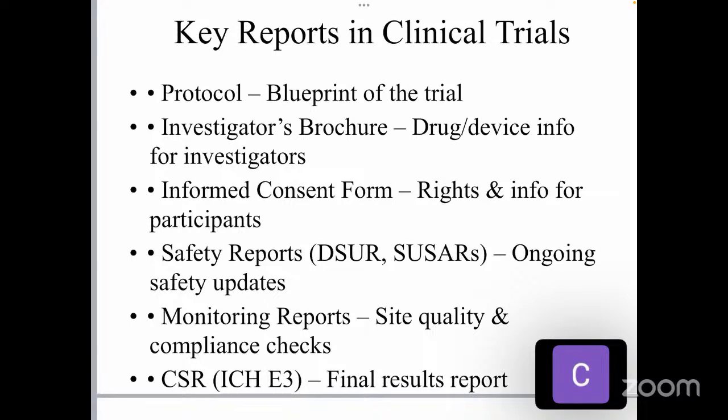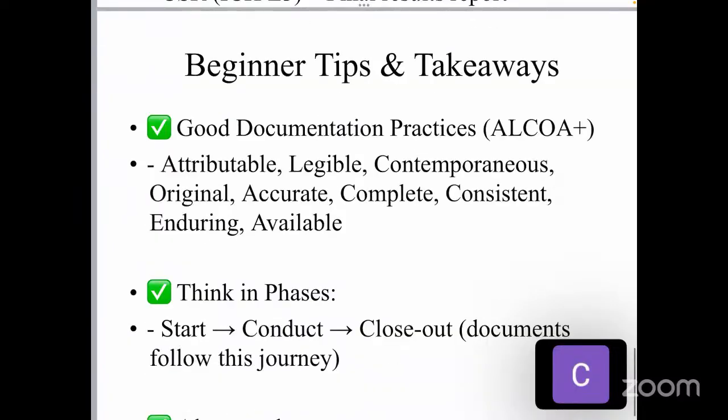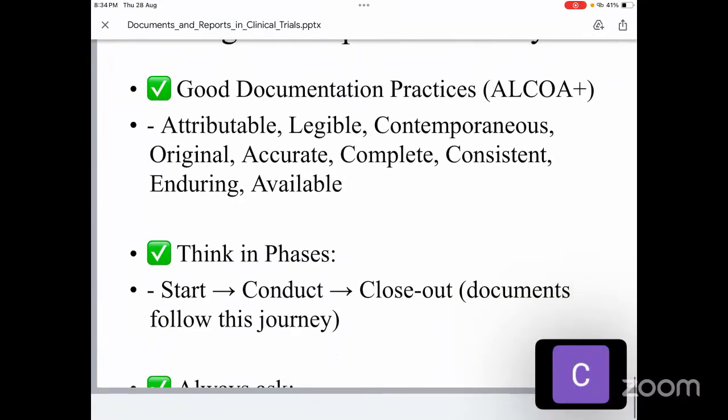So tomorrow if there is an inspector, they will check this site first. Final CSR will tell you what you have done in your study. So your trial was for 2 years, everything you have done in your trial will be captured in this.